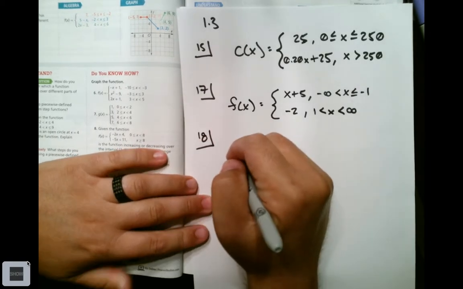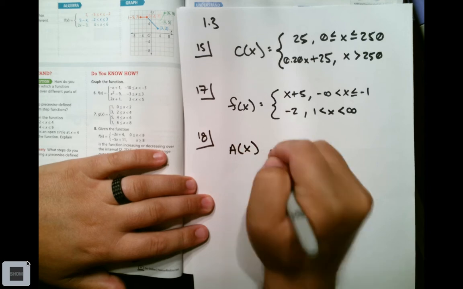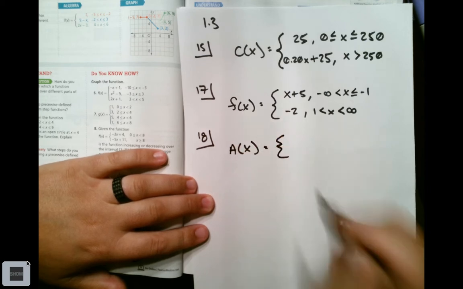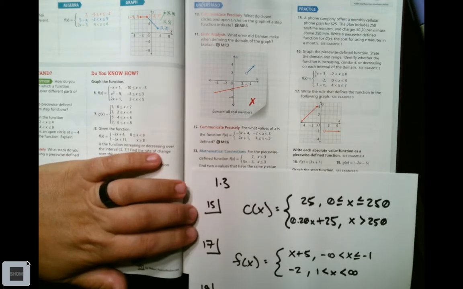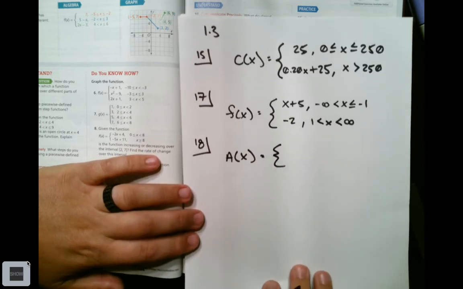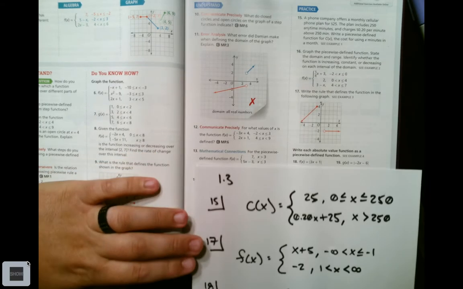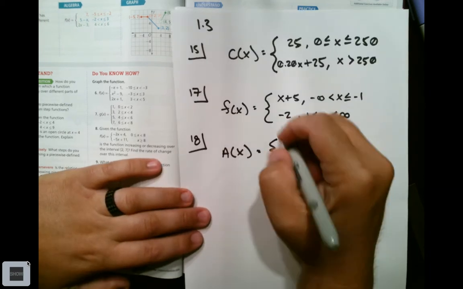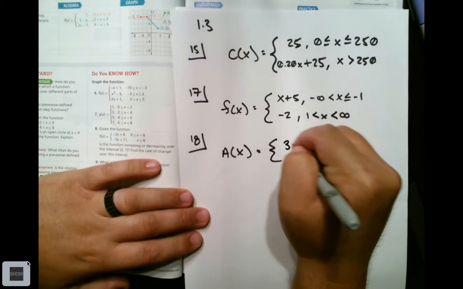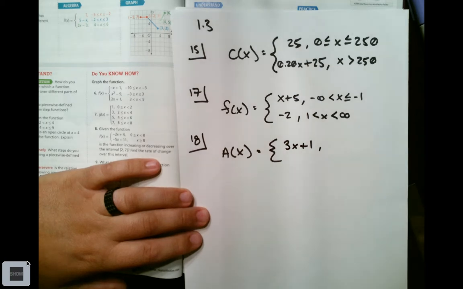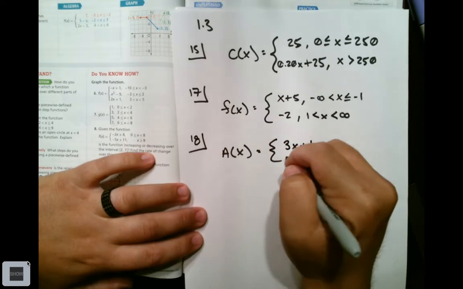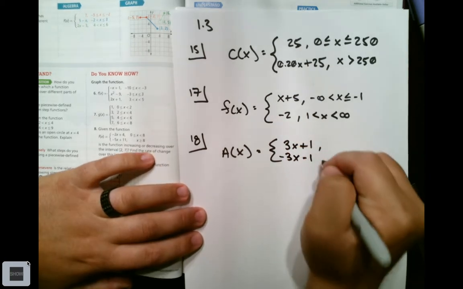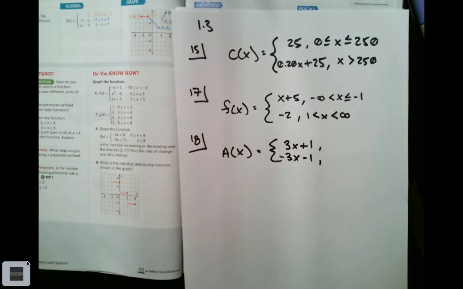I'm going to just call this a of x. I don't think it really matters what you call it because they're not telling you to name it something specific. And again, one of my functions was the absolute value of 3x plus 1. So like we said, one of them is going to be the positive of both of those numbers, and one of them is going to be the negative of both of those numbers.